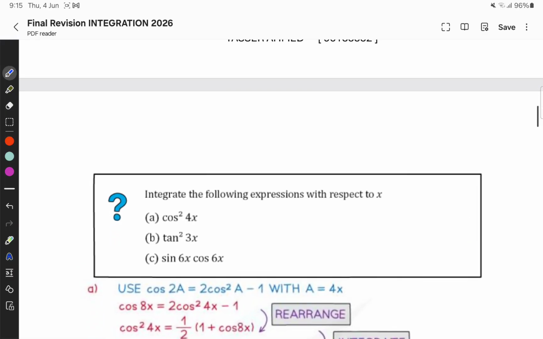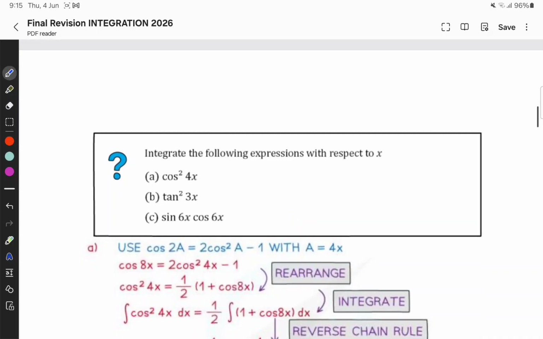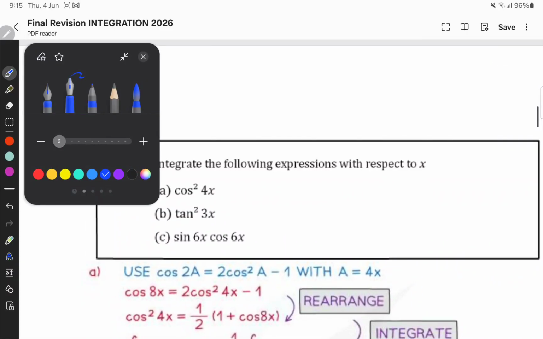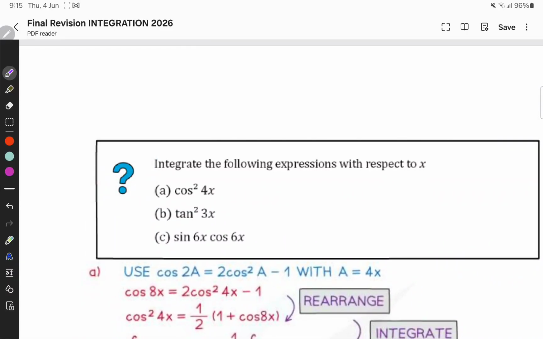So here I have some questions involving sine squared, cosine squared and tan squared. It's very good practice to do questions like that. First of all, everyone here knows that if you have cosine squared, we just substitute using the double angle formula, 1/2 plus 1/2 cosine of 2 times the given angle, 2 times 4x, which is 8x, all with respect to x.